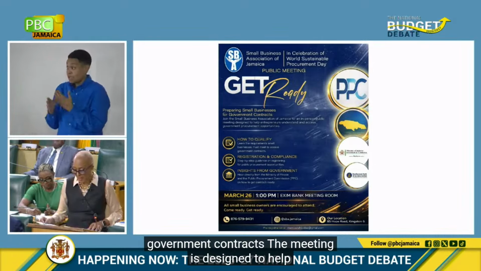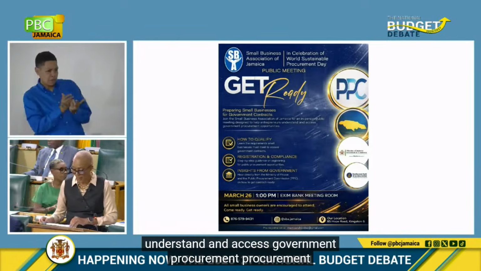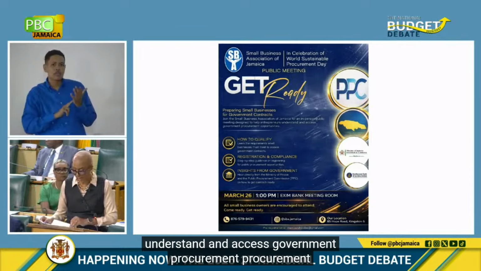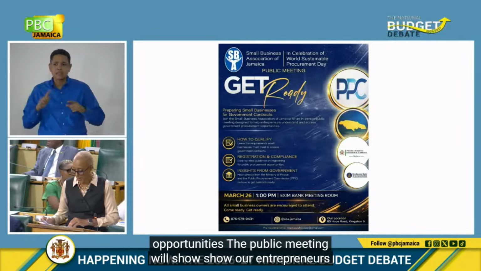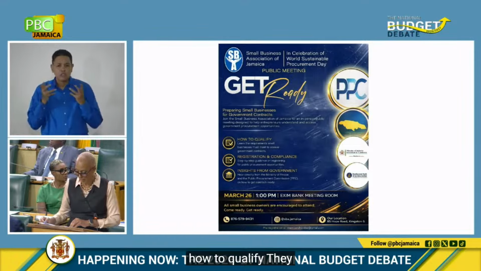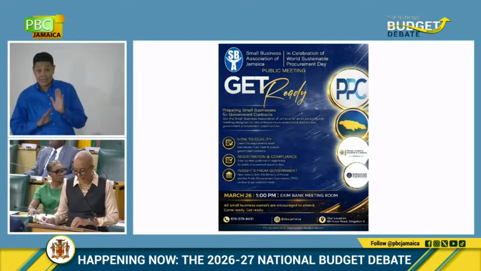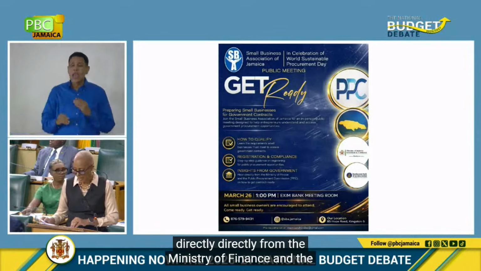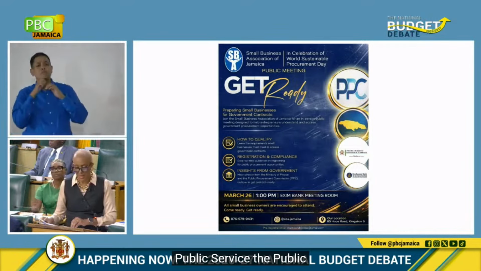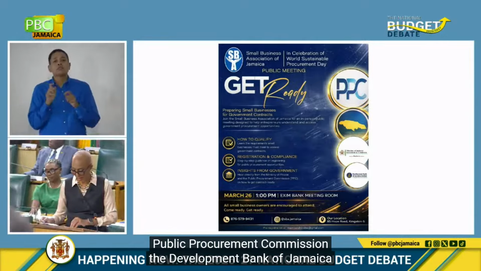The public meeting will show our entrepreneurs how to qualify. They will hear about registration and compliance, and they will hear directly from the Ministry of Finance and the Public Service, the Public Procurement Commission, the Development Bank of Jamaica, and the Ministry of Industry, Investments and Commerce, Minister Aubyn Hill, and the Small Business Association.